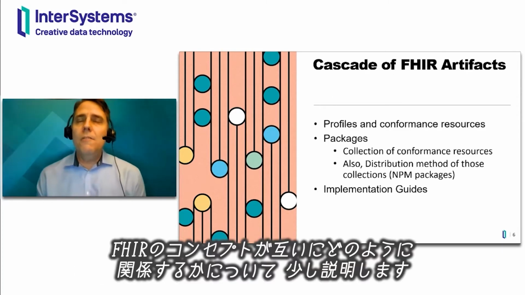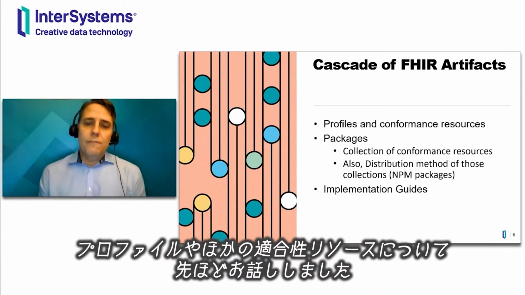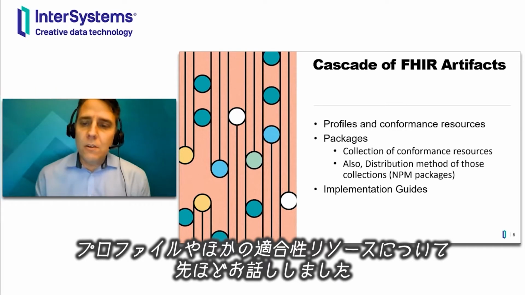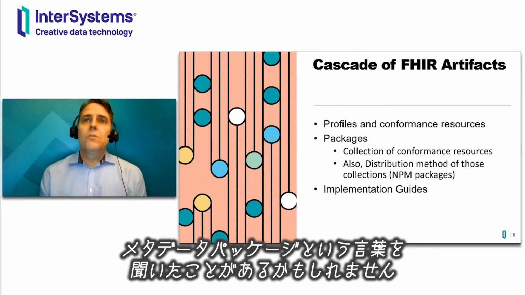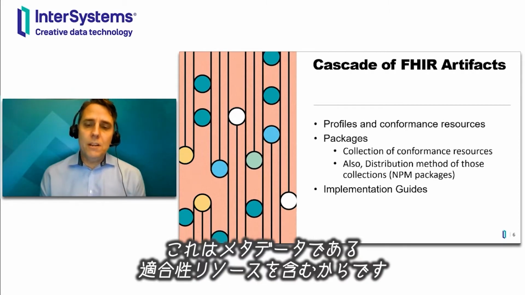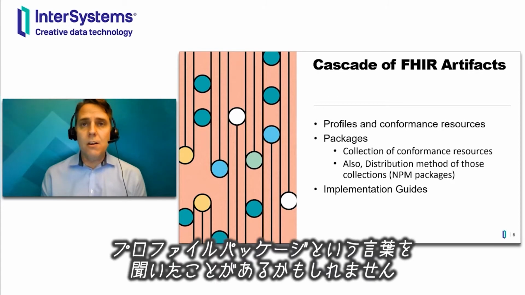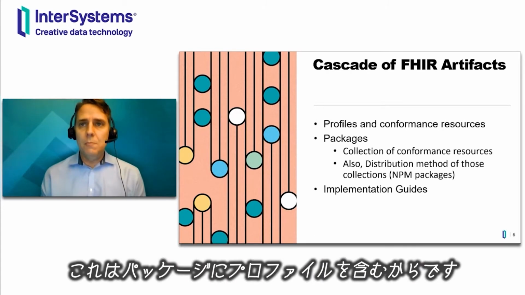A little bit about how FHIR concepts relate to one another. So we've talked about profiles and other conformance resources. Well, a coherent collection of these conformance resources is called a package. So you might hear it called a metadata package because it contains conformance resources, which are metadata. You might hear it called profile packages because the package contains profiles.